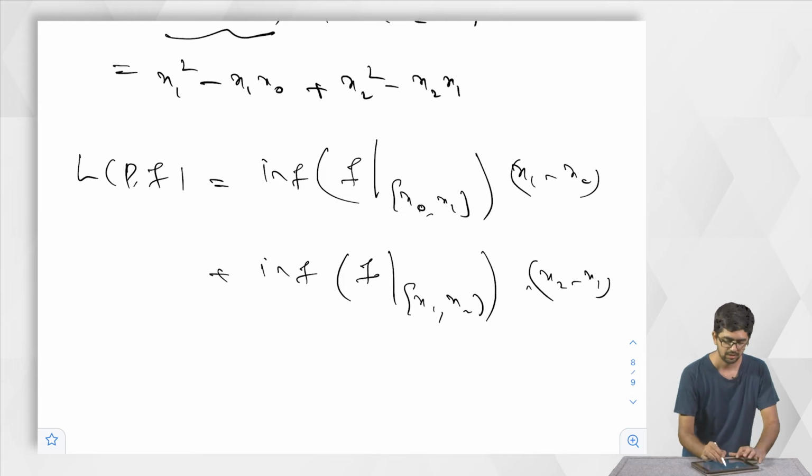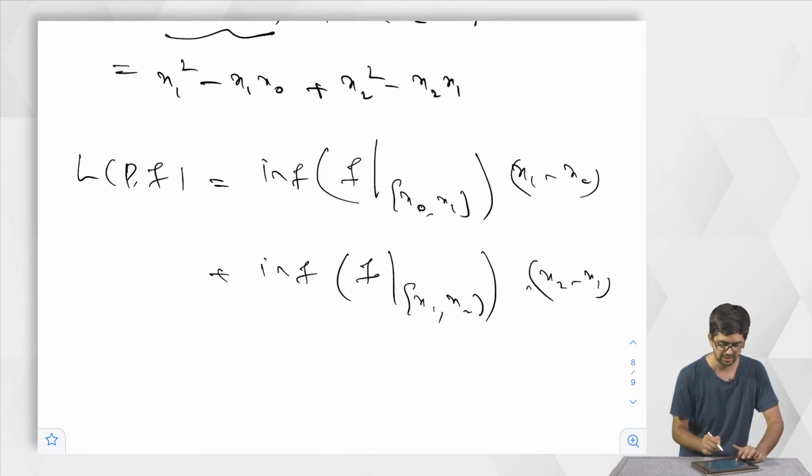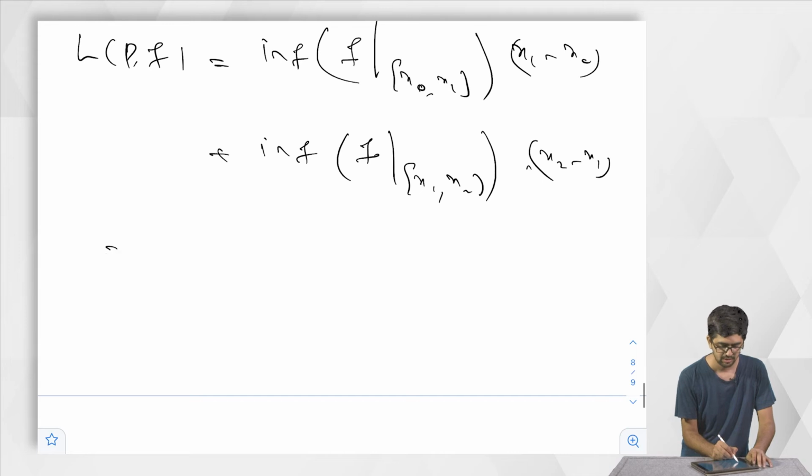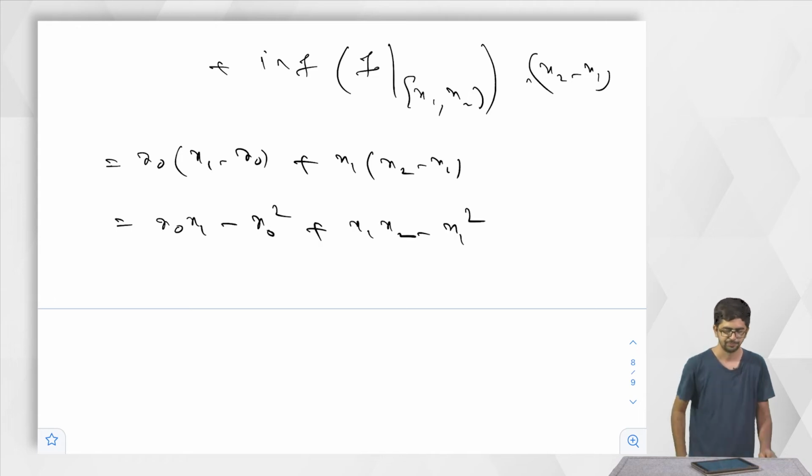As I said, this is the same thing as x0, and this is the same thing as x1. So let us write that down. That is equal to x0 times x1 minus x0 plus x1 times x2 minus x1. What is this? This is x0 x1 minus x0 square plus x1 x2 minus x1 square.